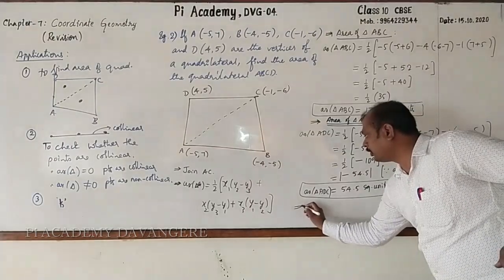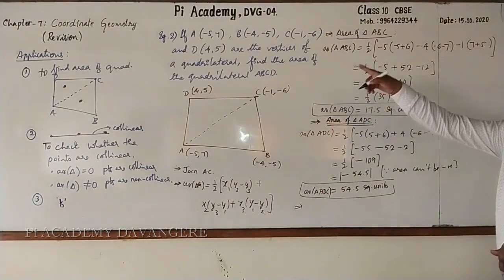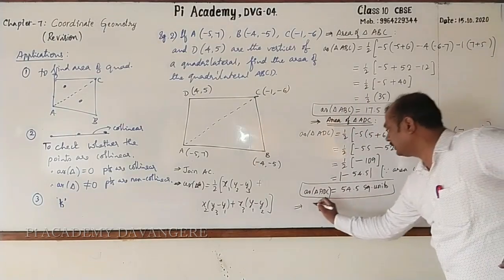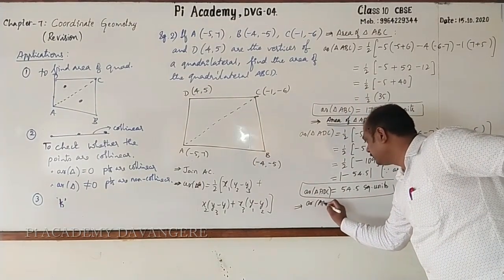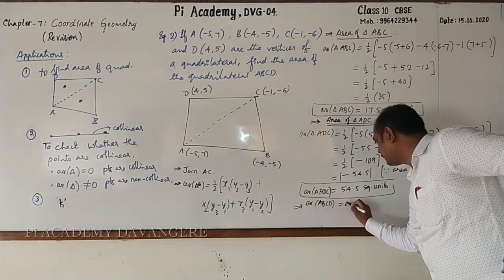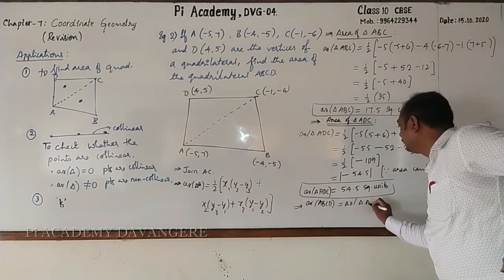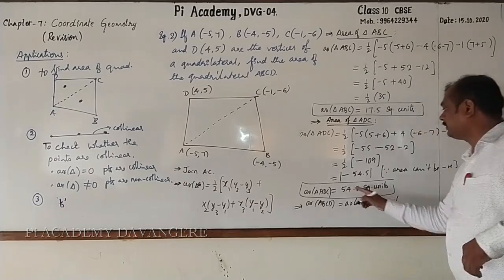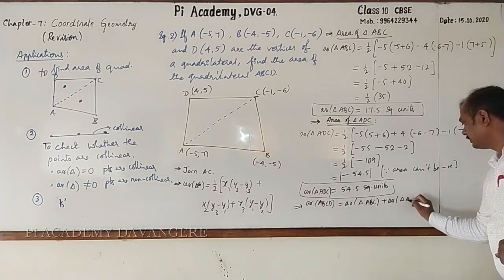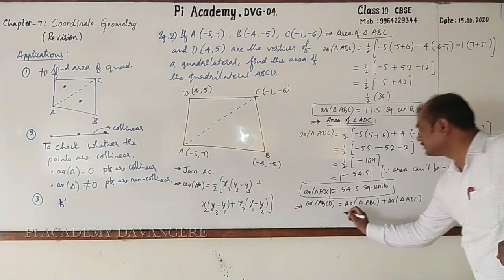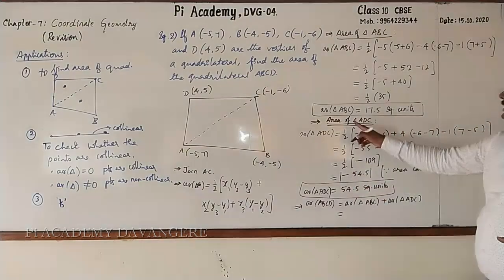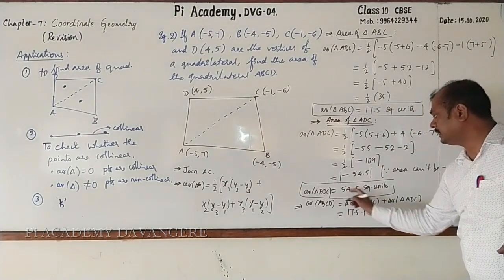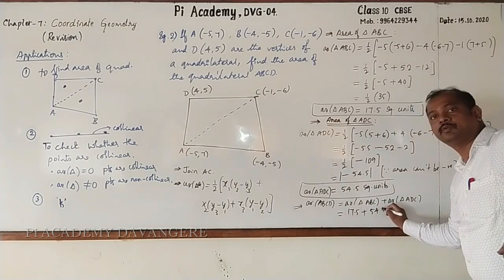But we want the area of quadrilateral ABCD, right? It is the sum of these two triangles. Area of ABCD is equal to area of triangle ABC plus area of triangle ADC. It is equal to ABC 17.5 plus ADC 54.5.